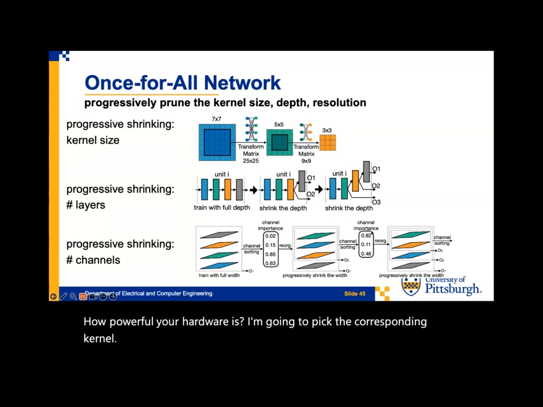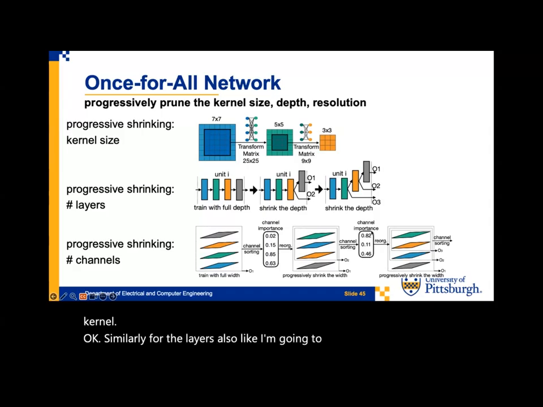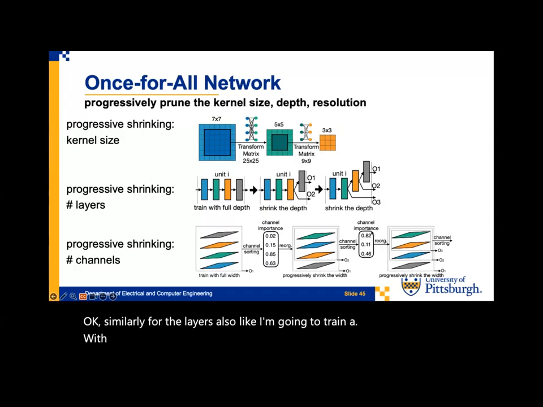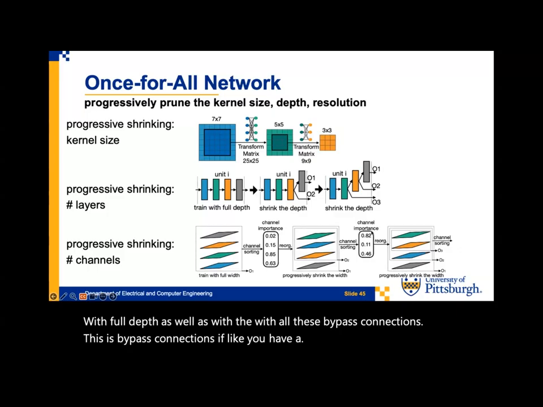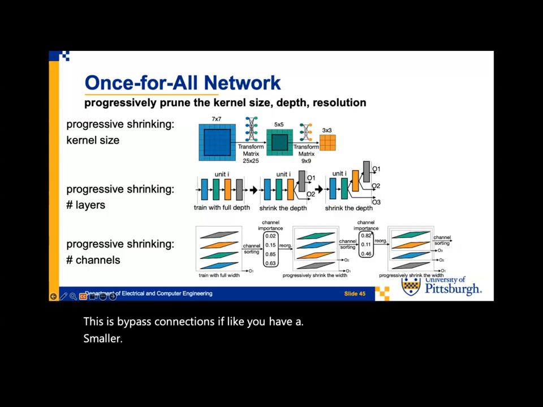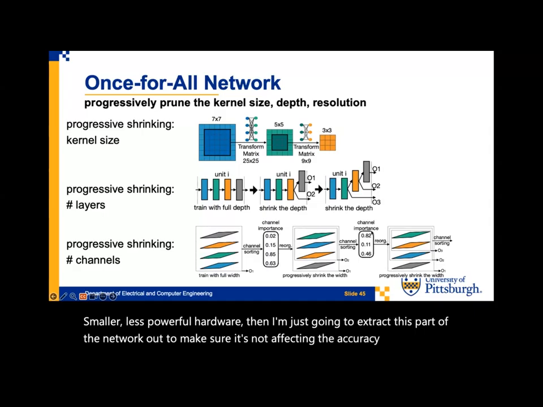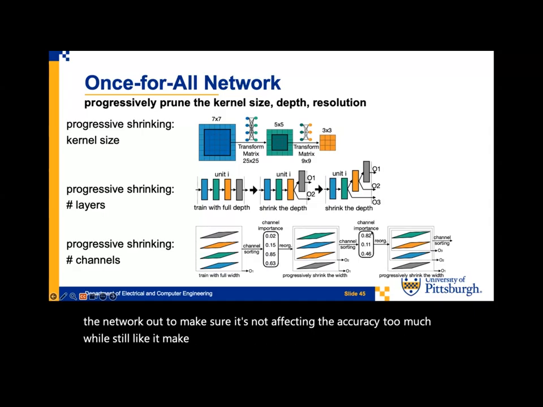Similarly, for the layers, I'm going to train with full depth, as well as with all these bypass connections. If you have a smaller, less powerful hardware, then I'm just going to extract this part of the network out to make sure it's not affecting the accuracy too much, while still making it runnable on your less powerful hardware.